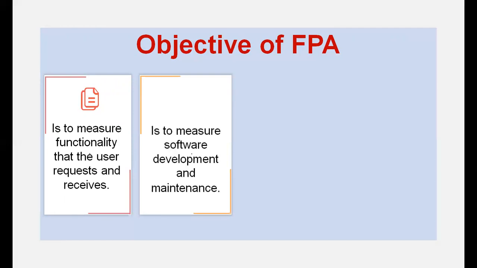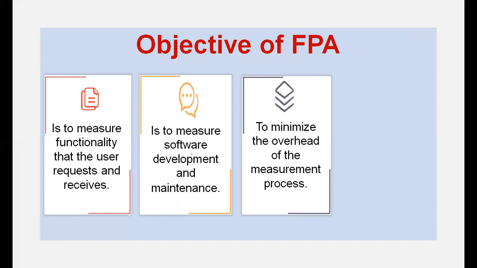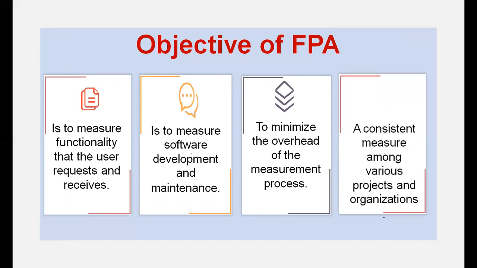The next objective is that it should be simple enough to minimize the overhead of the measurement process. And the fourth objective is that it should be a consistent measure among various projects and organizations.